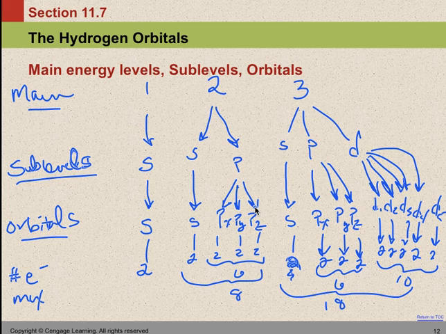The F sublevel is going to have 7 orbitals. Each of those orbitals can have 2 electrons maximum. So the fourth main energy level can have a total of 32 electrons in it. Okay, that's looking at those main energy levels, sublevels, and orbitals from a different angle than what we looked at in class the other day.